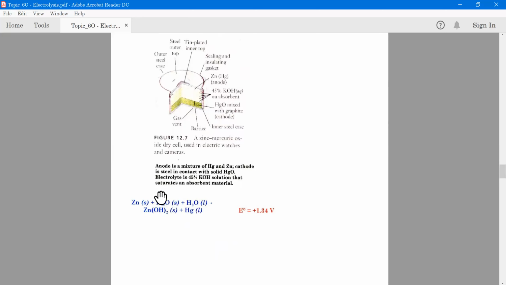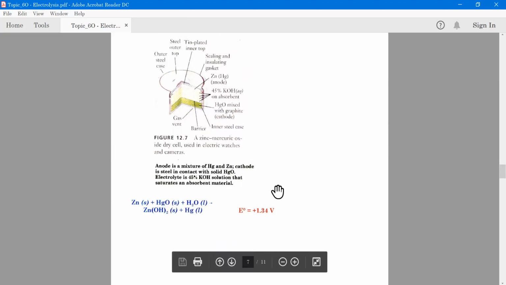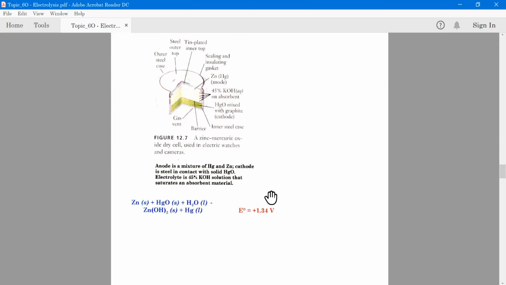Now, the cell potential for this overall process is 1.34 volts. It's a little bit lower than the standard zinc-manganese dry cells, but the cell potential can be used for many of the same things on a smaller scale, because these things are typically only about 1 centimeter in diameter and half a centimeter high. The reason they're useful is because they are so small and portable.